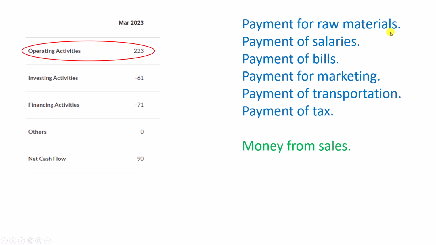Meaning this is more than this. The company is spending more but earning less. That is what it means if this is negative. So this should not be negative. This should always be positive, and the higher the value, the better it is. I hope you have understood this.